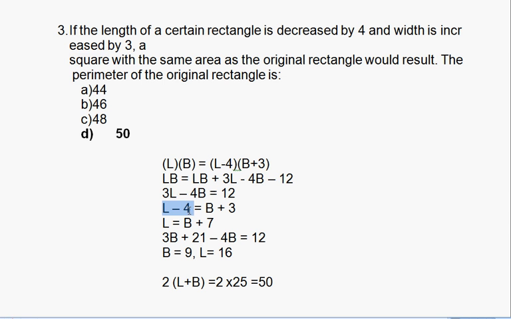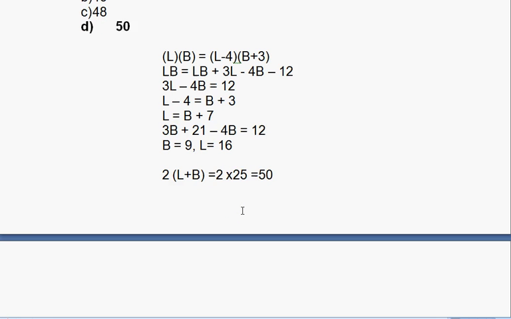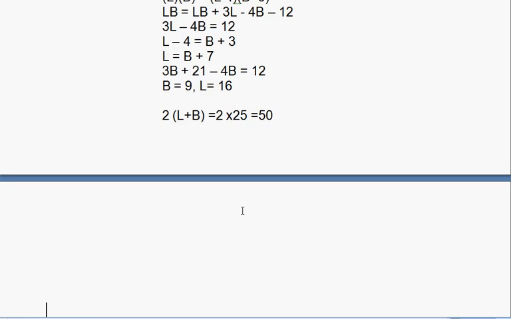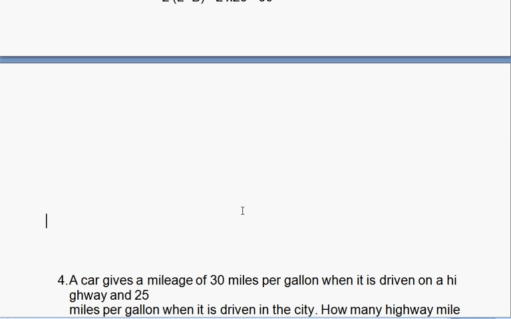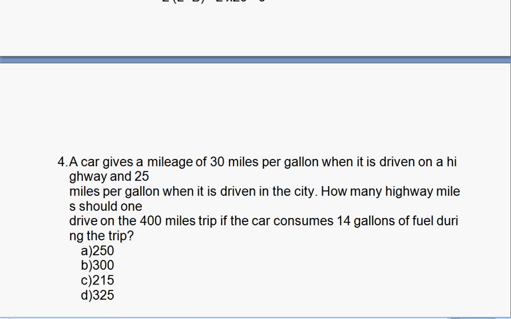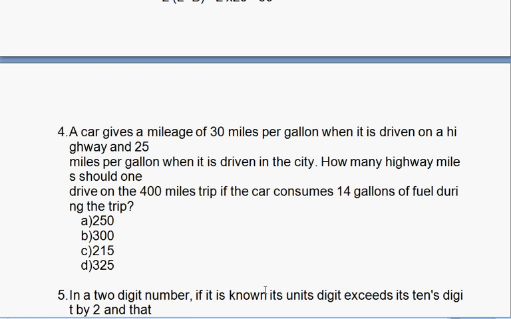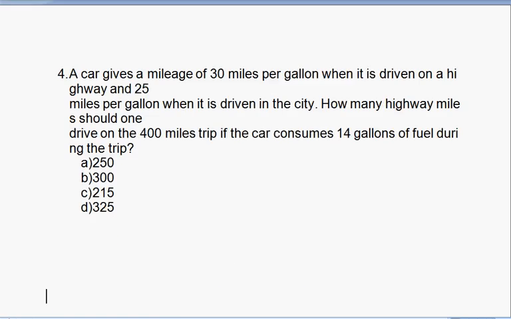So we know that square means that both length and width have to be the same. So we do this, and hence we were able to solve it very easily. So just try to reduce the word equation into numbers or into equations, right? So that we are able to solve it.